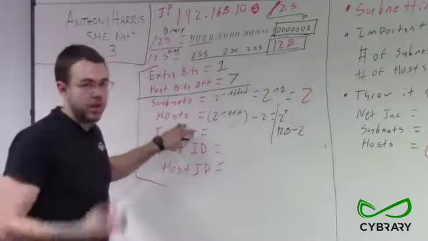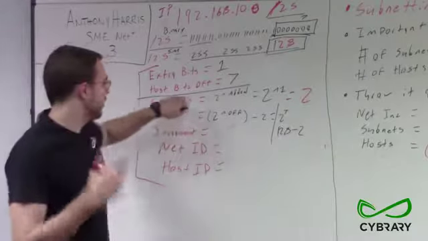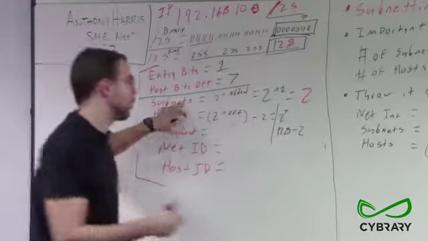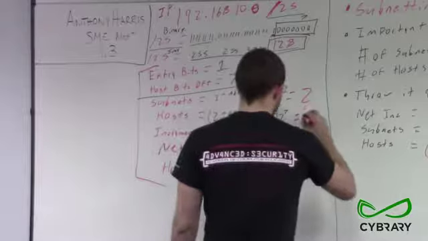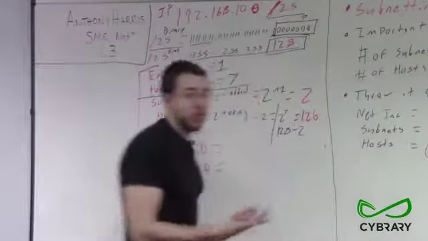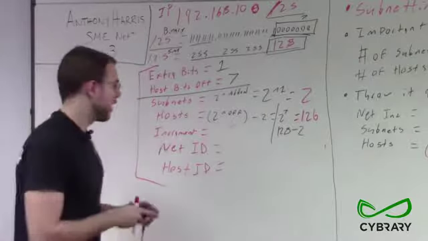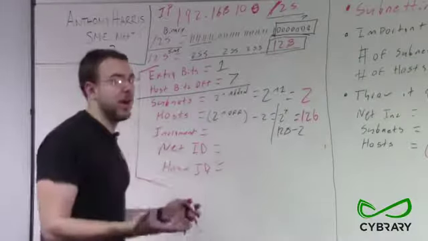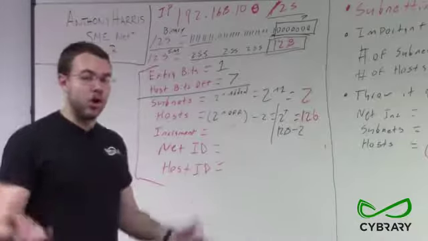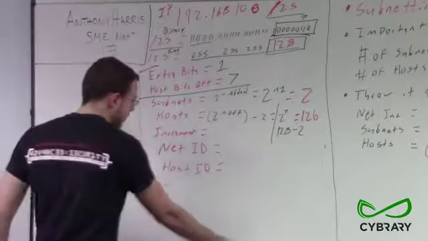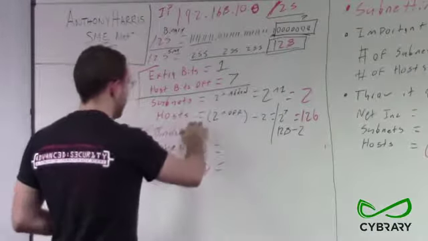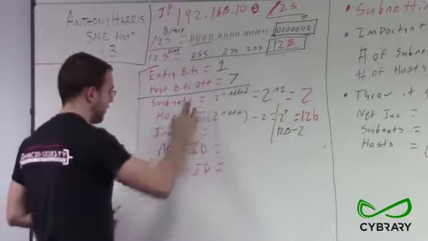So the number of hosts that we have per subnet is going to be 126. Not as much as 255, but it's still a lot in certain situations. Not an enterprise situation, but for a small business or home it would be. So we have 126 hosts per subnet.